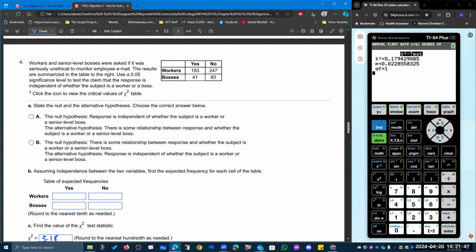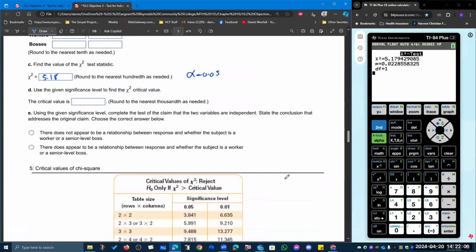Null hypothesis is that they are independent. Alternative is that there is a relationship. Alpha is 0.05. And the critical value is 3.841, or bigger than that. So we're going to reject H naught.